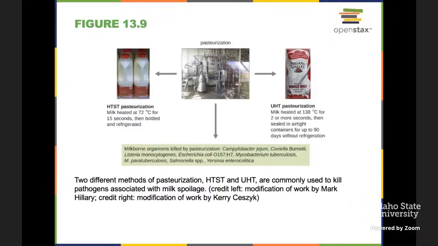And I mentioned before with pasteurization, it was initially developed for alcoholic beverages, beer and wine, that would potentially get fouled with bacteria, and running it through a pasteurization process ensured that those microbes that potentially had got in there weren't able to cause problems.